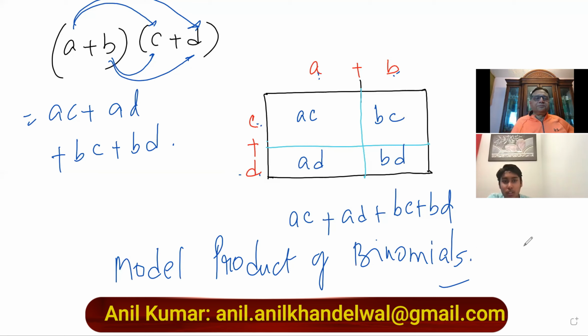Is that clear to you? Yes, sir. So I think that was a simple model to see how do we represent the product, and also we also found perfect squares in this particular fashion.